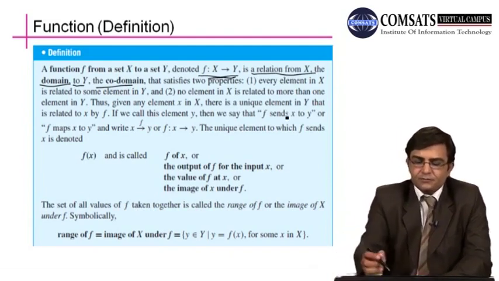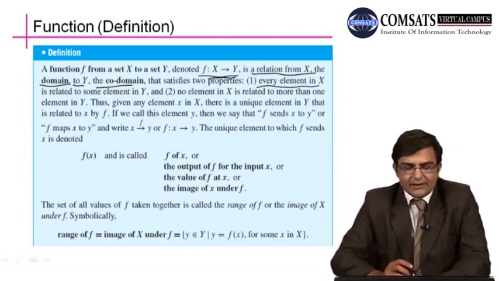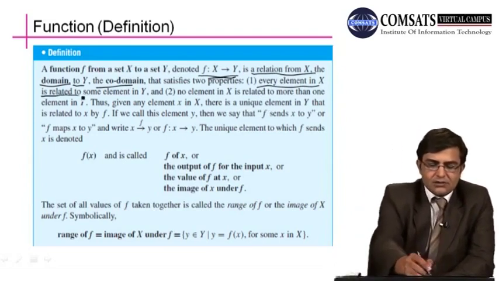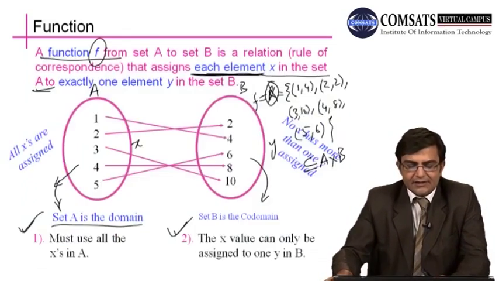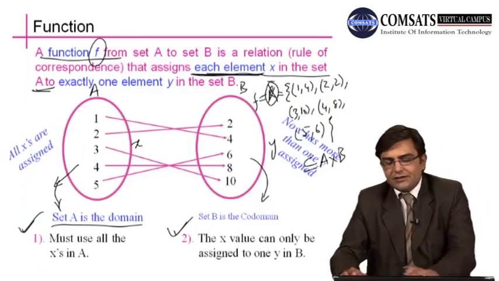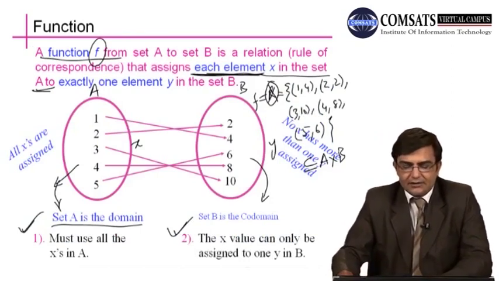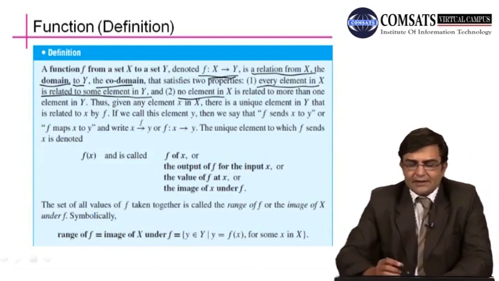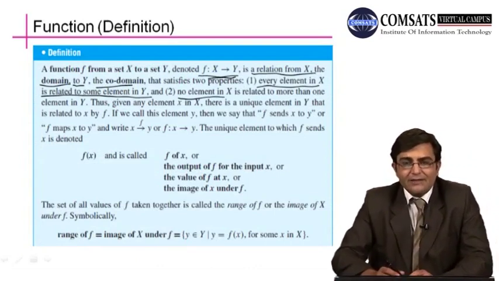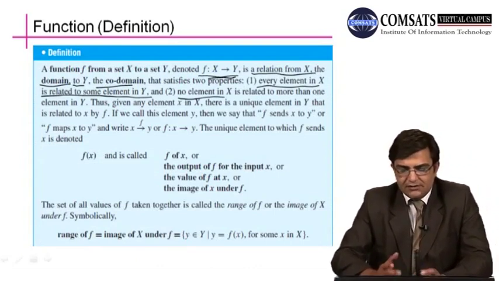The first is every element in X is related to some element in Y, meaning there is no element in the first set which is not related to some element in the set B. The second is no element in X is related to more than one element in Y. This is the same thing we discussed in the previous slide.